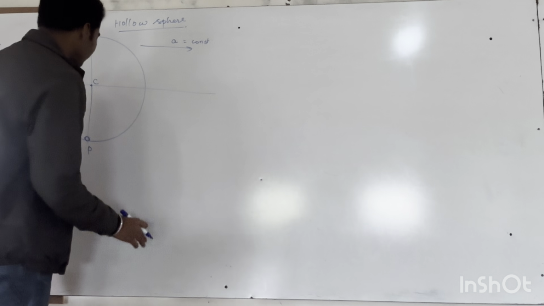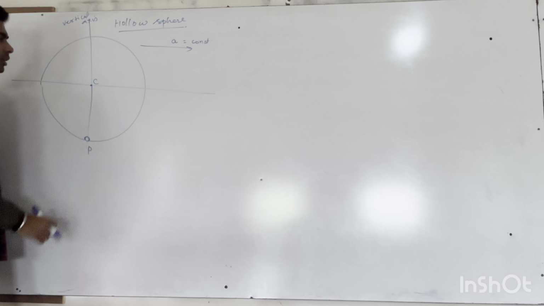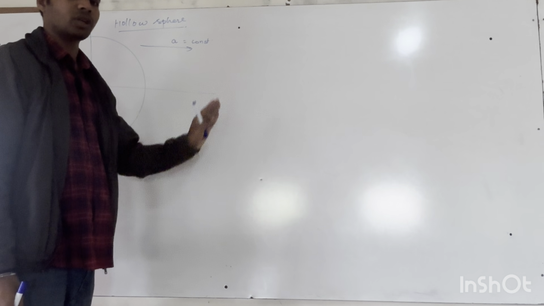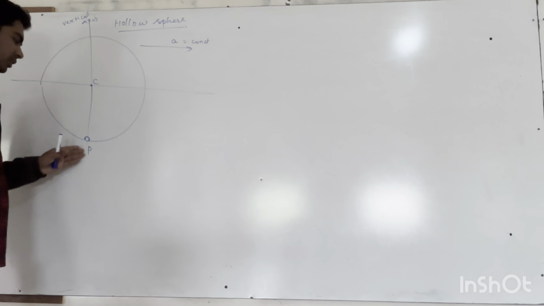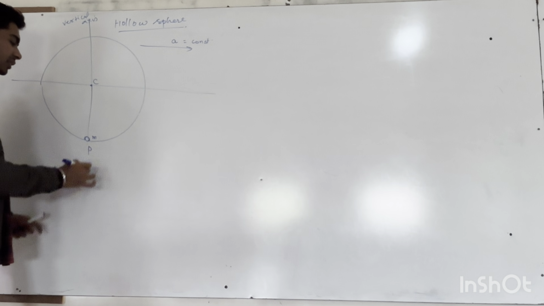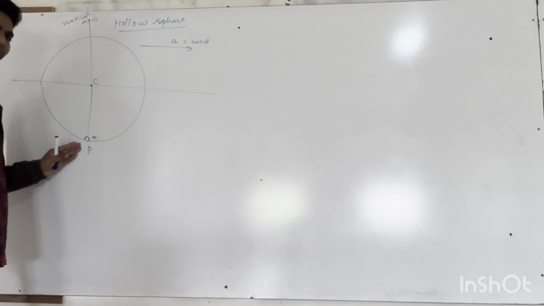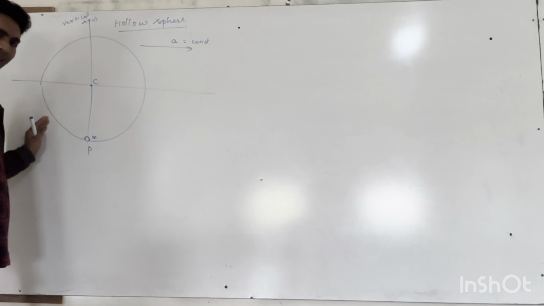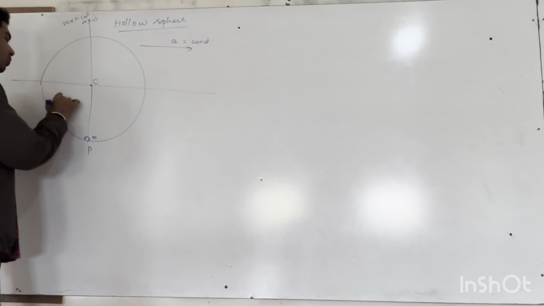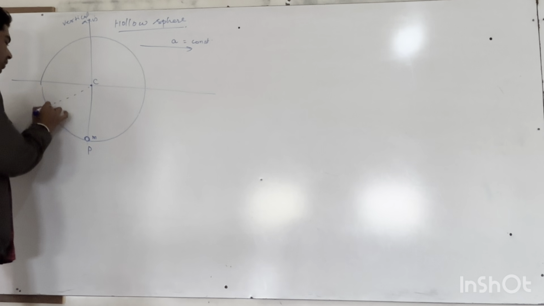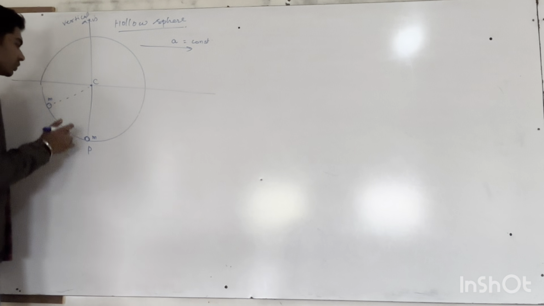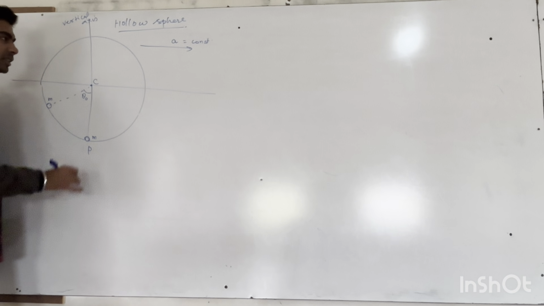Now, as the hollow sphere accelerates in forward direction, the small particle of mass m starts moving in backward direction. The question is asking up to what maximum angle this particle of mass m will go up. So we have to find this maximum angle theta naught.